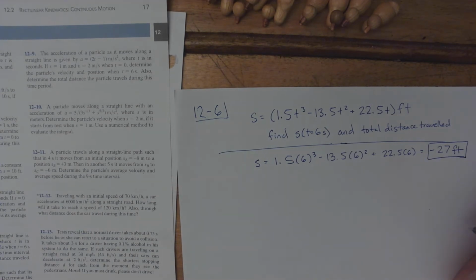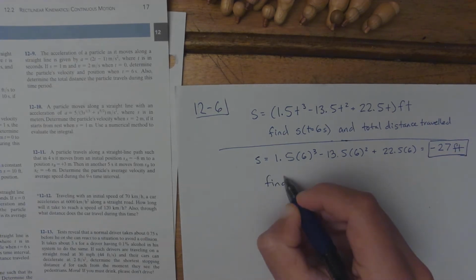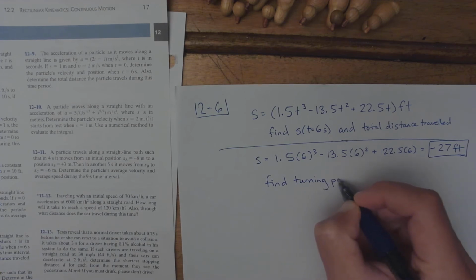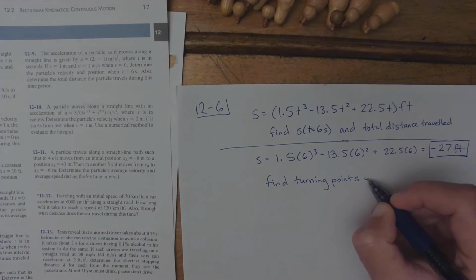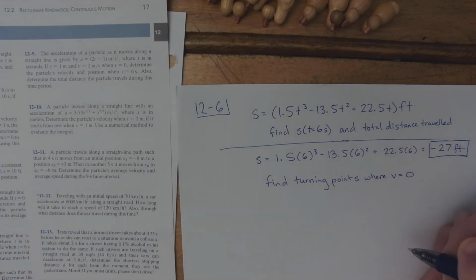Okay, so now we can focus on finding the total distance traveled. So we need to first find the turning points. And as we just discussed, those turning points are where the velocity is equal to 0.